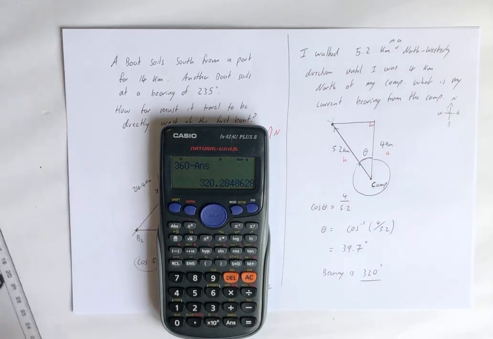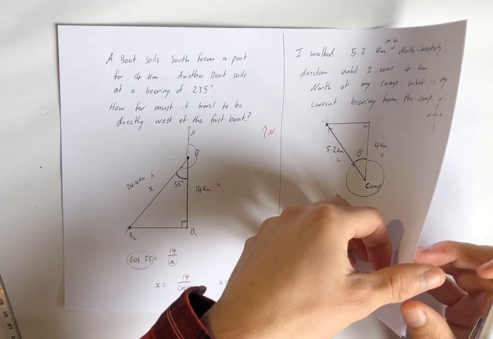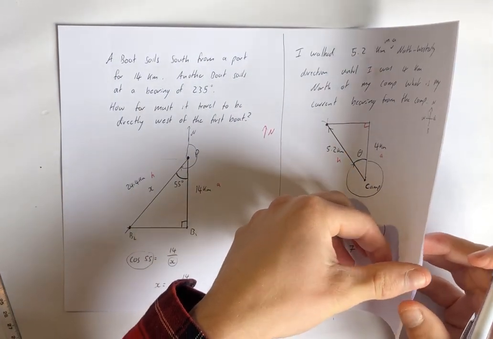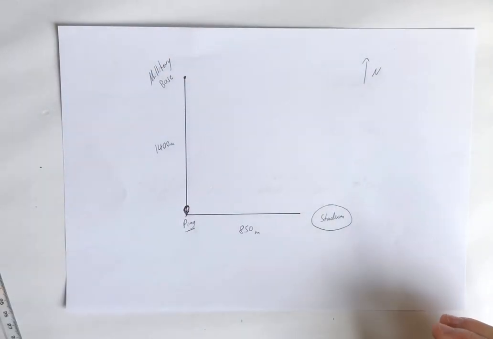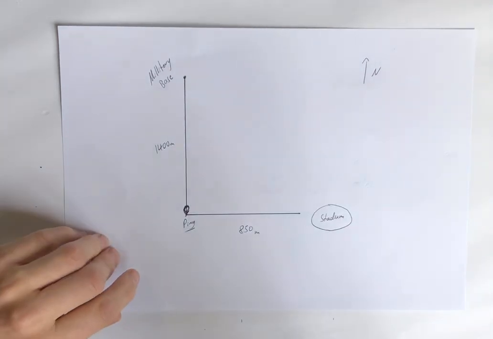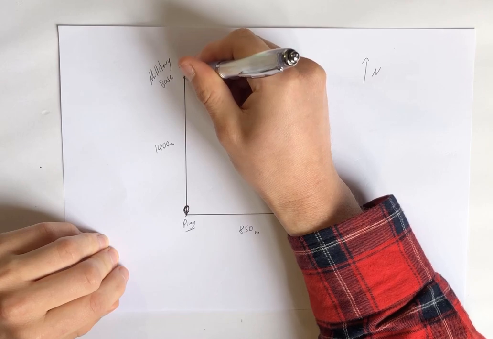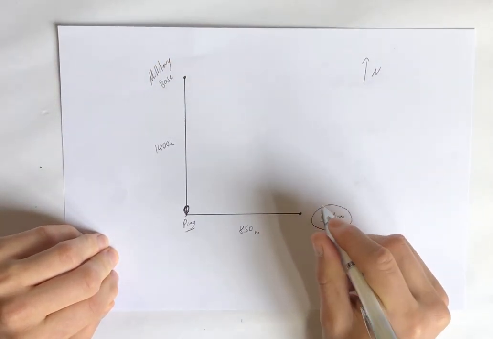Cool. All right, I've tried to create an example problem from a current popular video game. It is Warzone, Call of Duty Warzone. So what I've decided to do is I've got a mate at the military base and I've got a mate at the stadium.